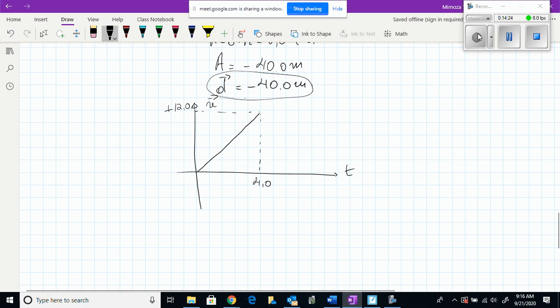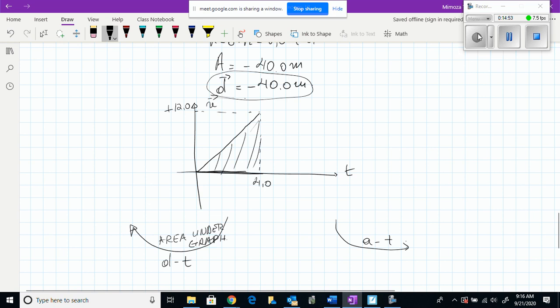And in this case, again, we will construct the displacement time graph and the acceleration time graph. And again, when we are calculating the displacement, what we are doing is calculating the area under the graph, from the horizontal line up to the graph.